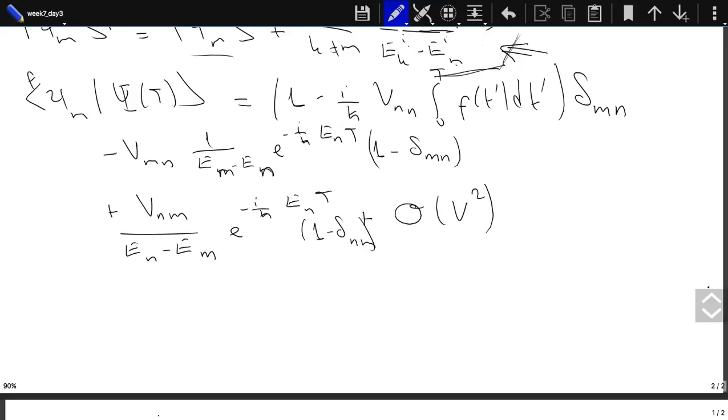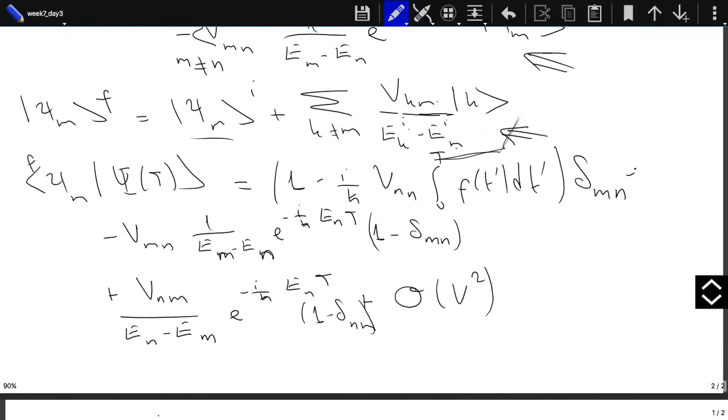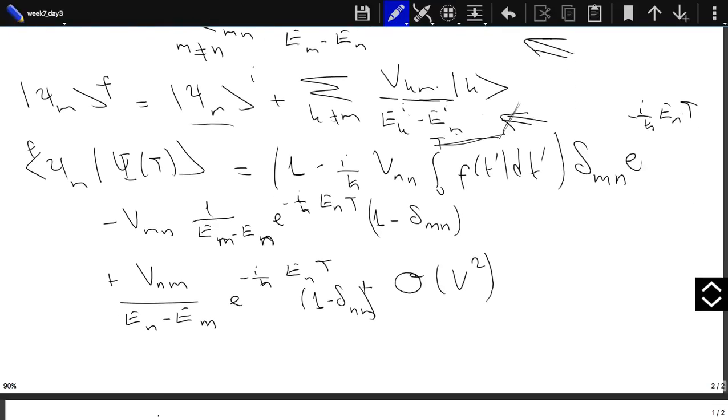The first one, well, that is this: e to the power minus i over h bar En of t. The third term, well, I would rather have that one. Yes, I want that to be minus.